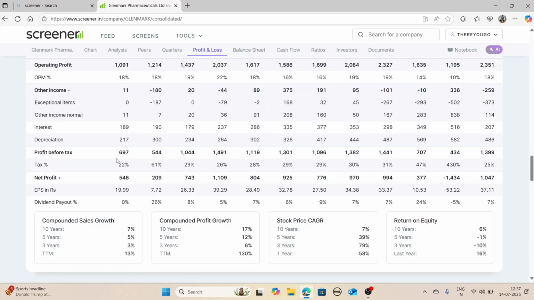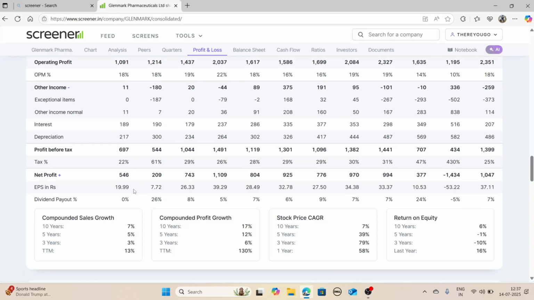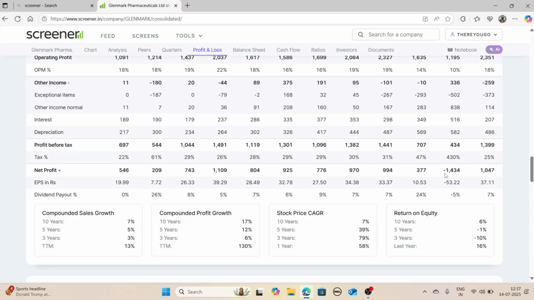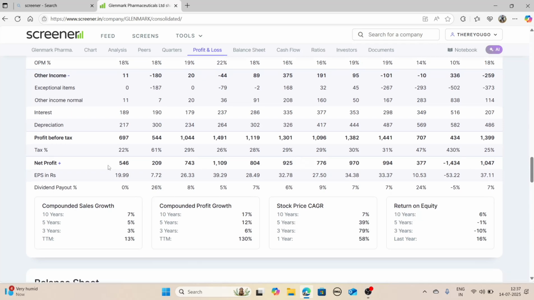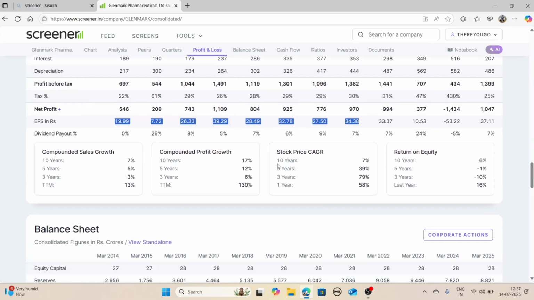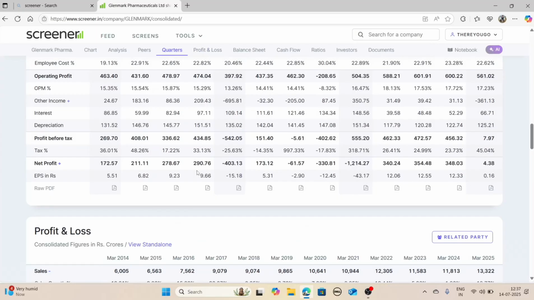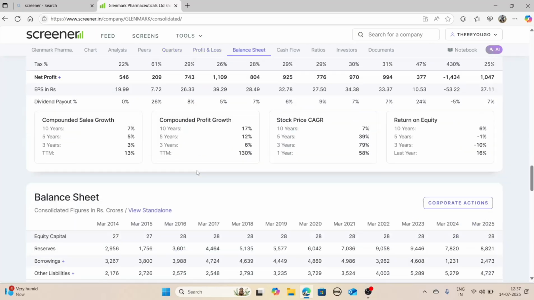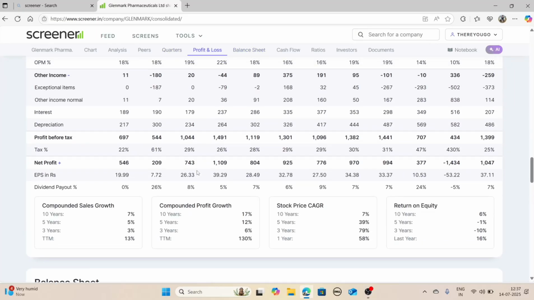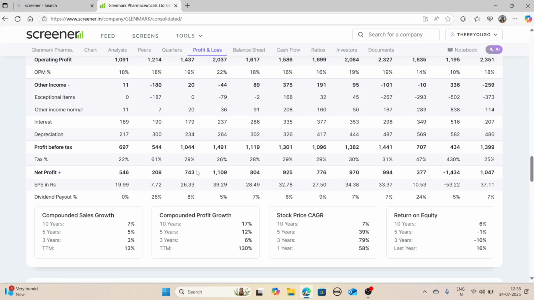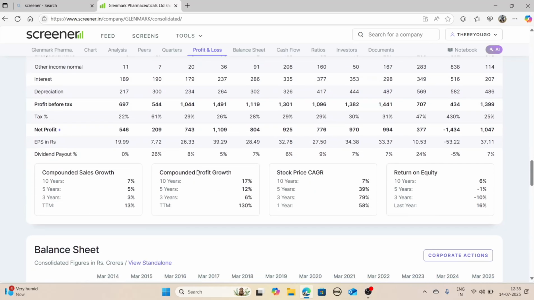Profit is also doubled here. Net profit, if we can say it is offset, but there is still a loss of around 400 crores. EPS, we can say that EPS is also doubled. The overall profit and loss statement and quarterly results show that there is no improvement in the company, being in a stagnant position for the 10 years.